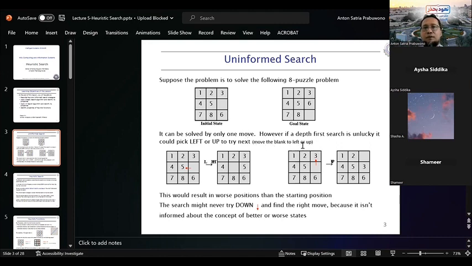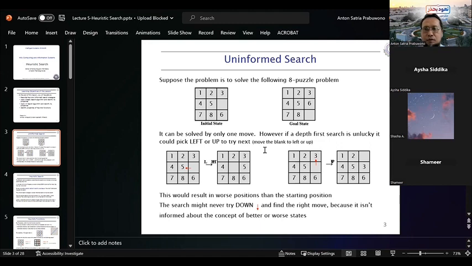However, if depth first search, DFS, is unlucky, it could try left or up next, right? That is depth first. If we use depth first, we just go to the deepest branch, the deepest child, and if lucky, then we will get a solution. That is the thing about uninformed search, for example depth first.